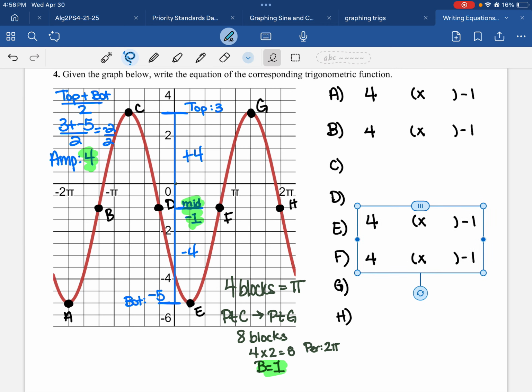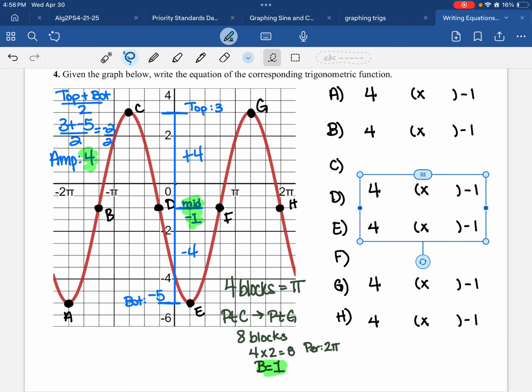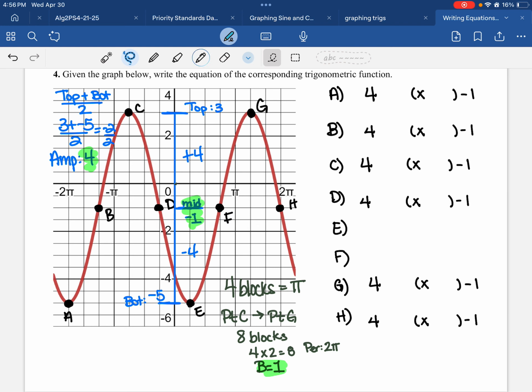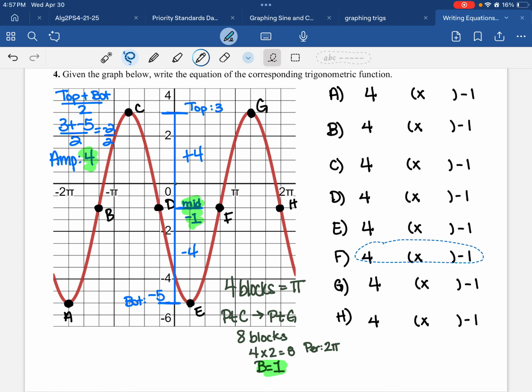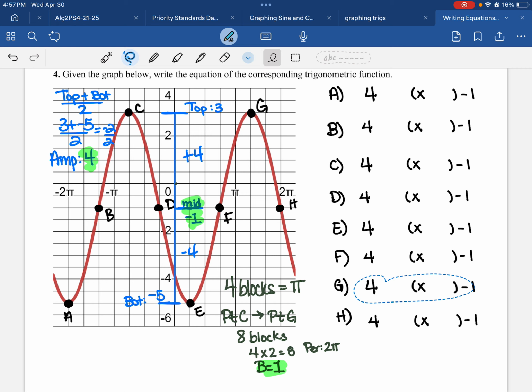Might have to move them a little bit to make them fit, but that's okay. So just bear with me for a second. Okay. So now I have to look at each point.